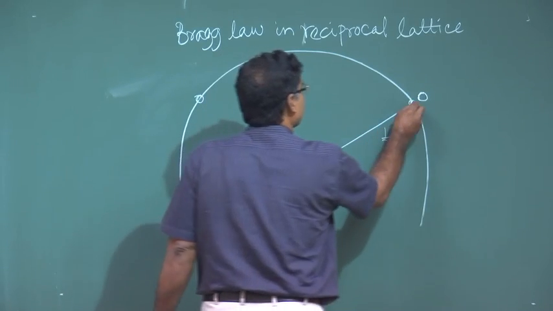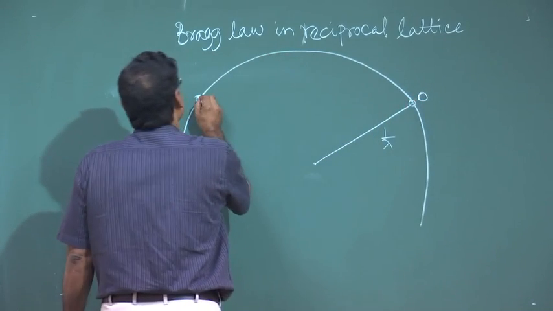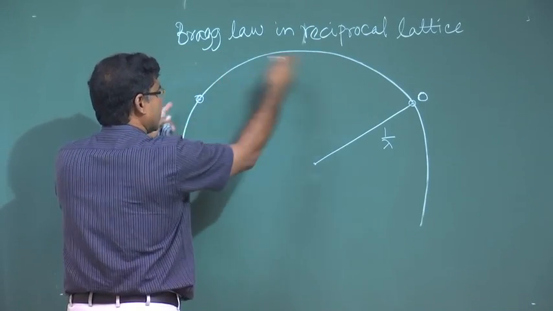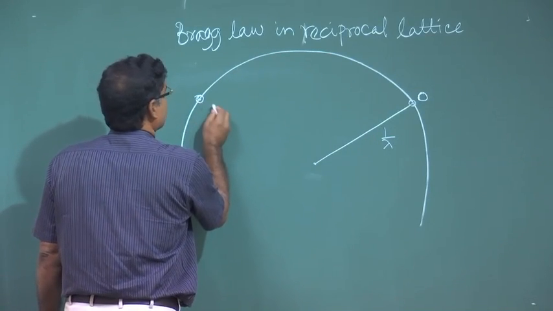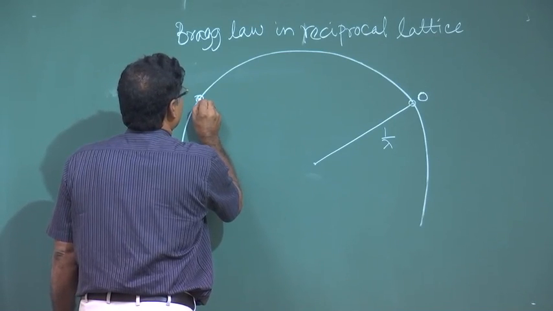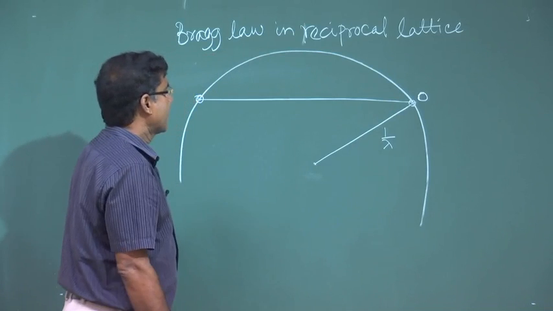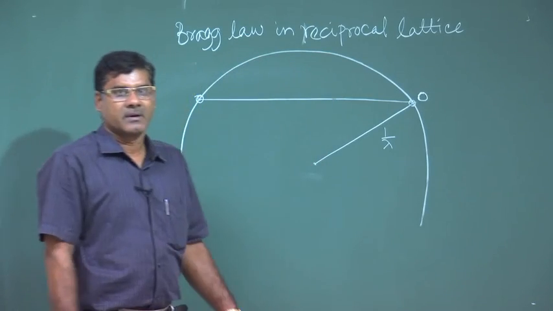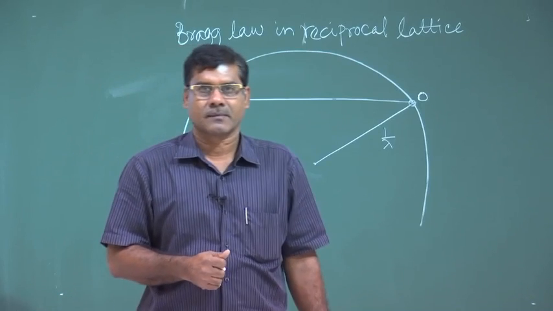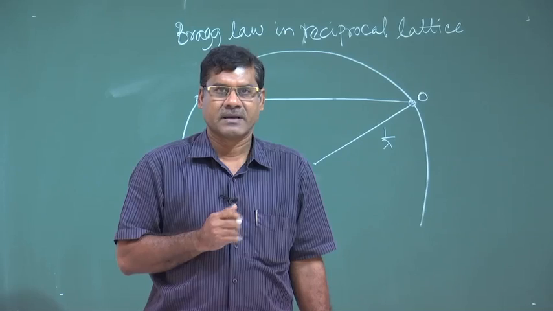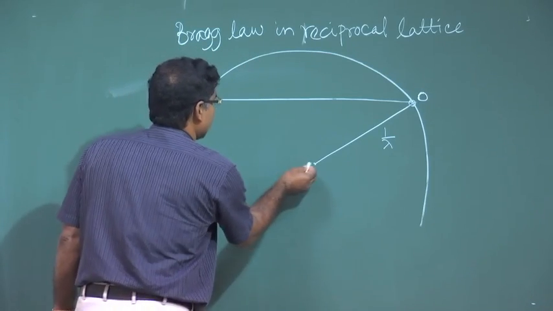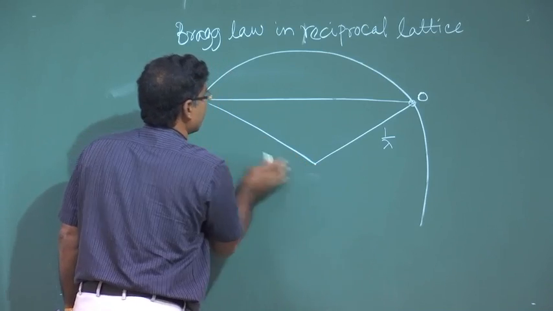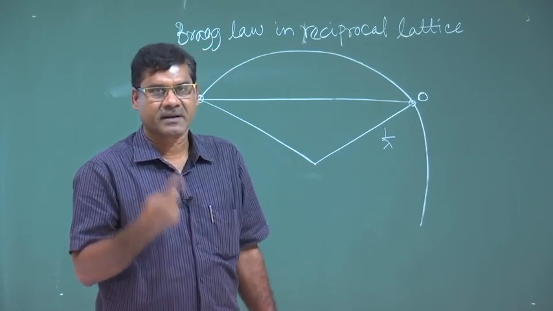So, if you connect from this origin to the lattice point which is on this sphere, or here in 2 dimensions the circle, if we connect them, then this will be the perpendicular bisector of the crystal plane, and this will be the direction of the diffracted or reflected ray.